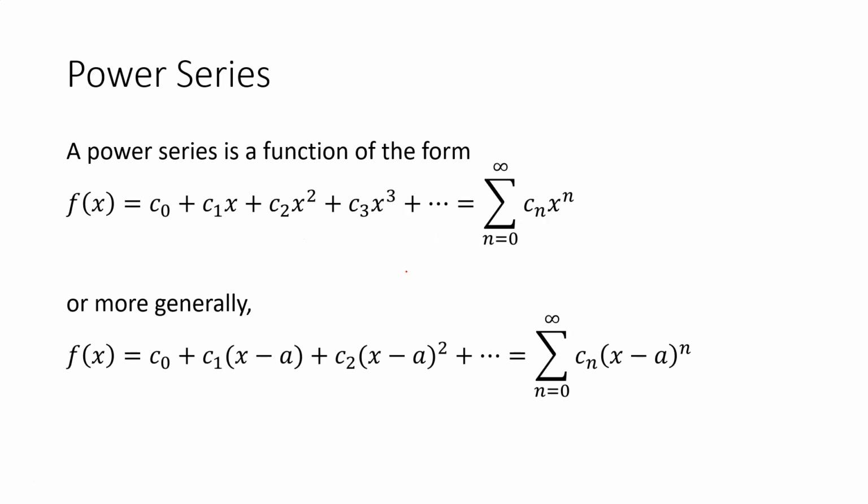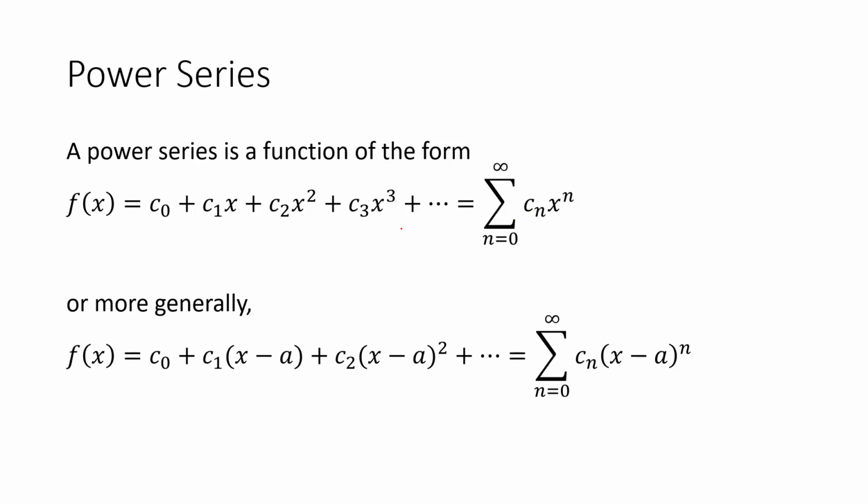So what is a power series? A power series is a function of the form c0 plus c1x plus c2x squared plus c3x cubed, and so on. And what that really is, it's an infinite series where the variable x is a power function of the form x to the n, and cn are its coefficients.